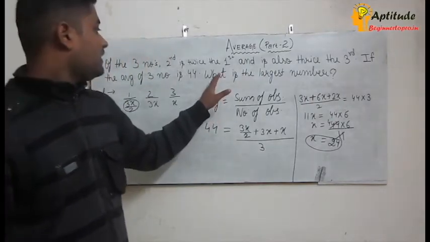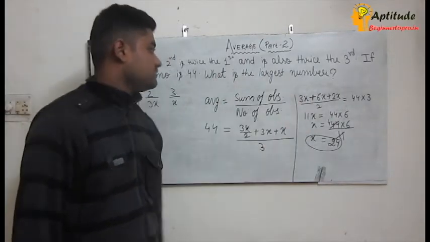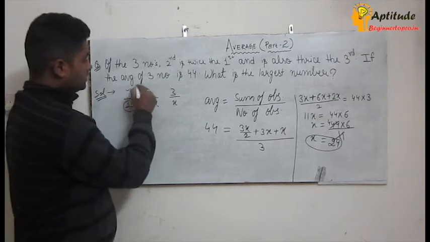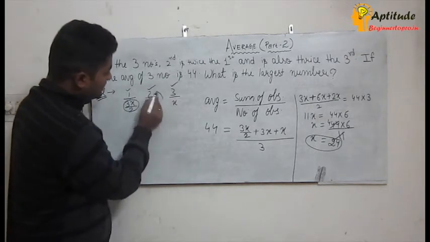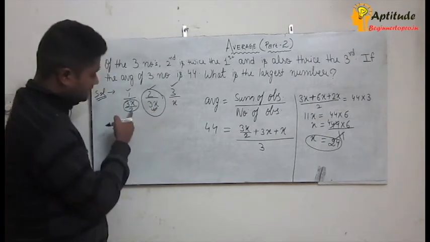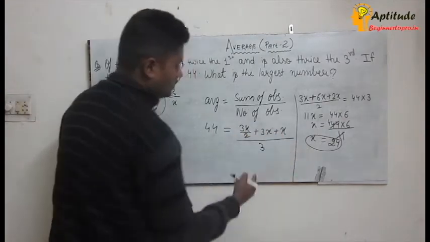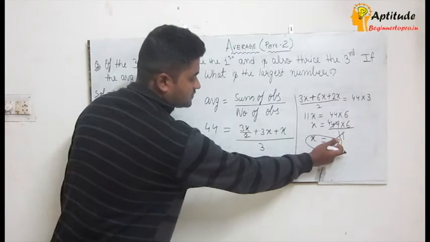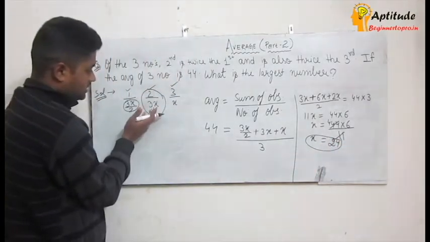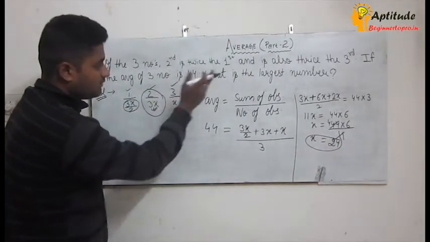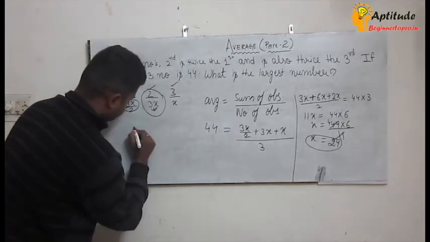Okay. Now we need to find the largest number. See, among the three numbers, 3x by 2, x, 3x, the largest number is the second one, which is 3x. So, by simply substituting the value of x in the second number, we will get our required number.